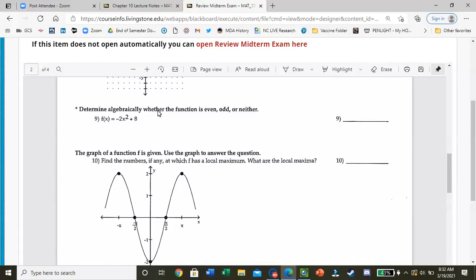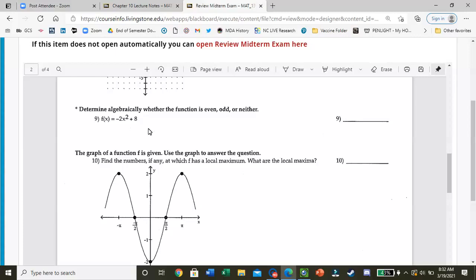Determine algebraically whether the function is even, odd, or neither. Let's look at that one. Basically, let's review that process real quick.